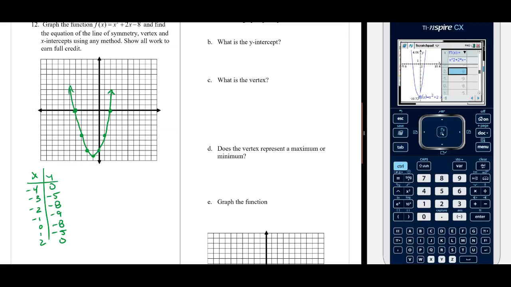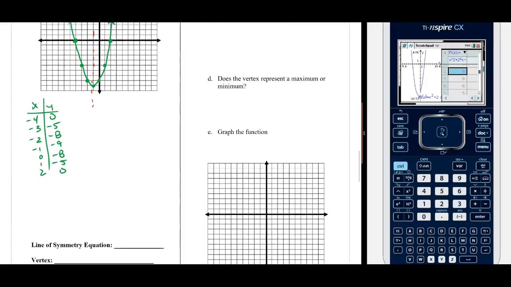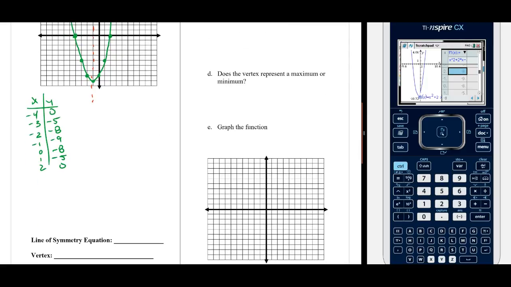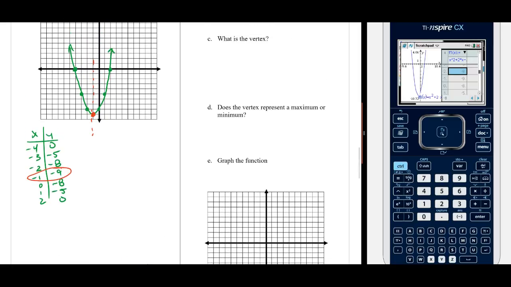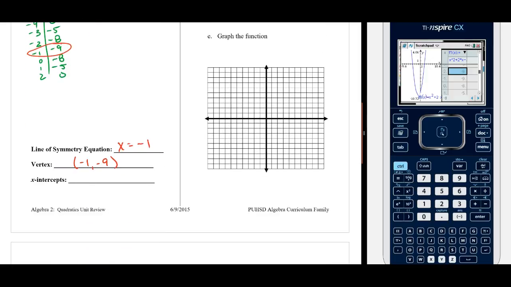So the line of symmetry is this vertical line that goes through the vertex. And so it shares an x value with that vertex. So that is x equals -1. My vertex itself is at, if I look at the table, (-1, -9), and my x-intercepts are here and here, which were at -4 and 2.